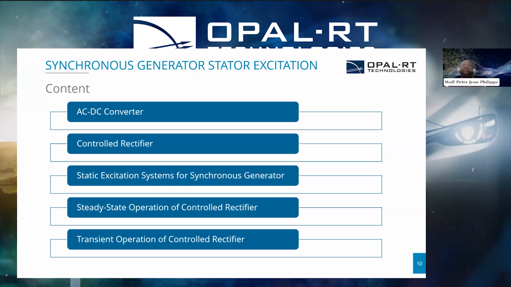One example is, let's say you have a synchronous generator and you want to excite the field winding of this synchronous generator. A controlled rectifier, instead of a diode rectifier, is more applicable to that. That's why we're going to consider a controlled rectifier for a static excitation system. And we're going to operate the rectifier in two ways, steady state and transient, and we're going to see how the system behaves and show the results in HYPERSIM using Dashboard.